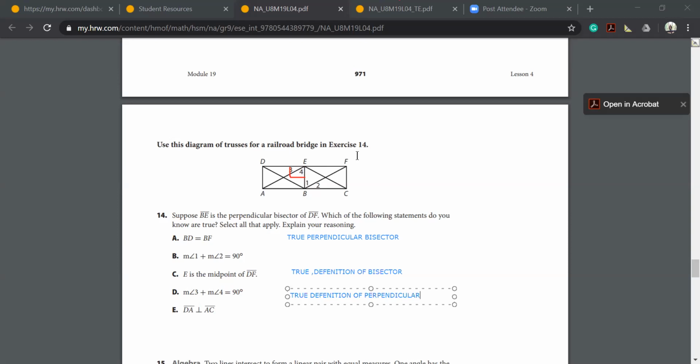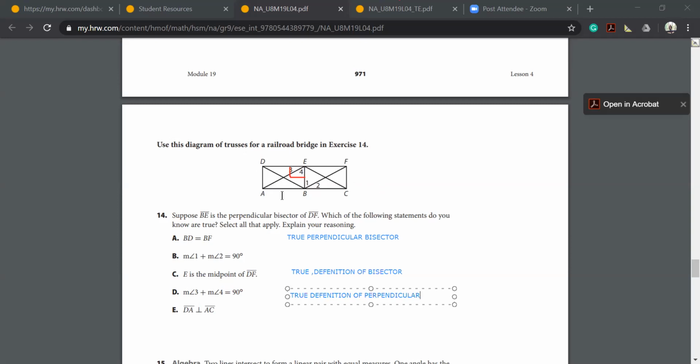Then what about DA? DA is perpendicular to AC. What do you think? Did he give you any information to suggest that DA is parallel to AC?